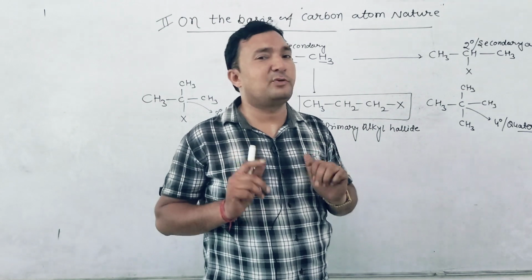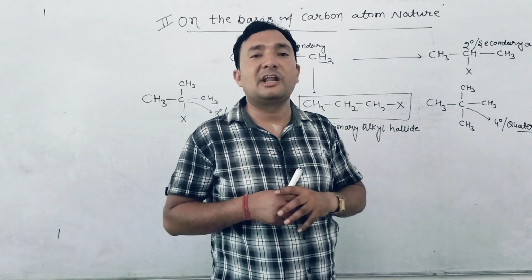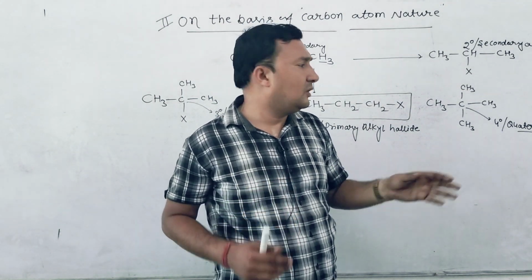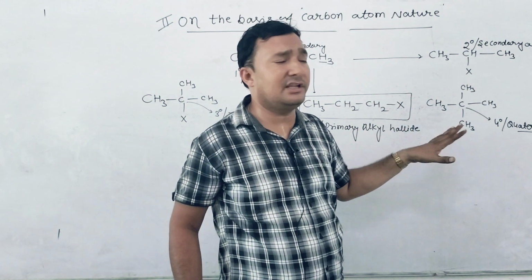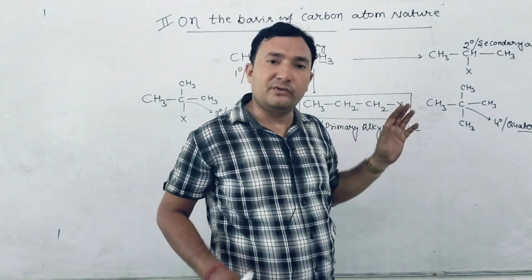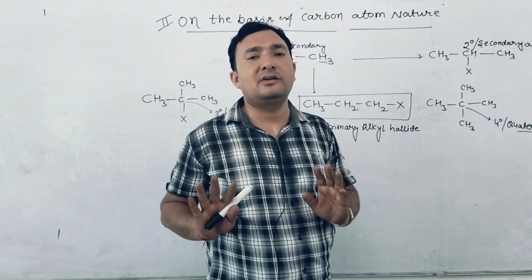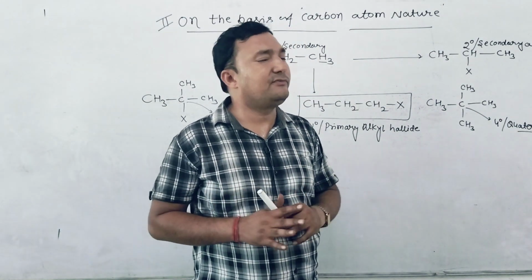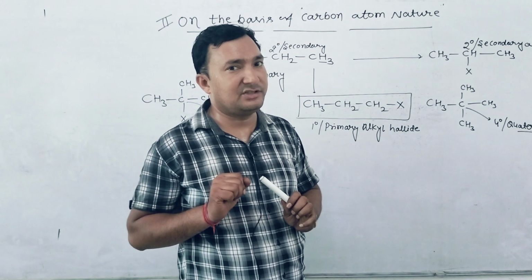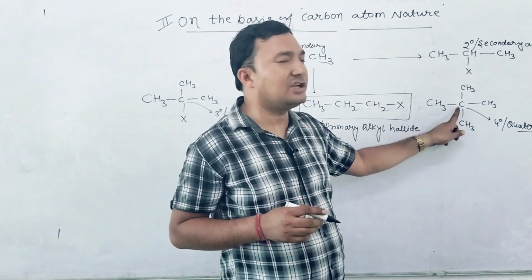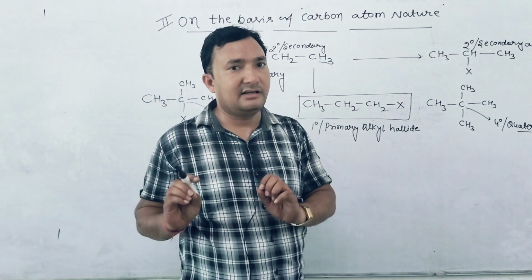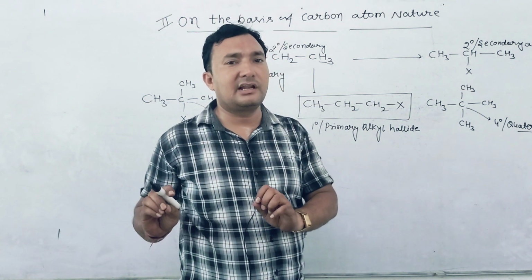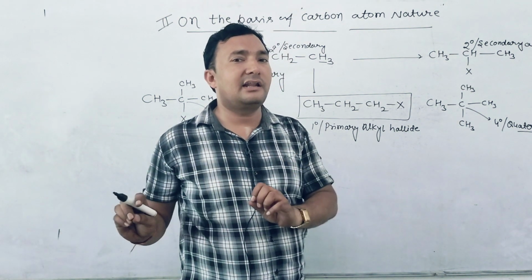So 4 degree carbon is possible, but we all know that carbon atoms contain 4 valency. All the 4 are fulfilled, so there is no possibility of adding a halogen atom. So we can easily say that quaternary carbon or 4 degree carbon is possible, but 4 degree alkyl halide is never ever possible, because we are having no other position to attach. So dear students, 1 degree carbon, 1 degree alkyl halide, 2 degree carbon, 2 degree alkyl halide, 3 degree carbon, 3 degree alkyl halide.